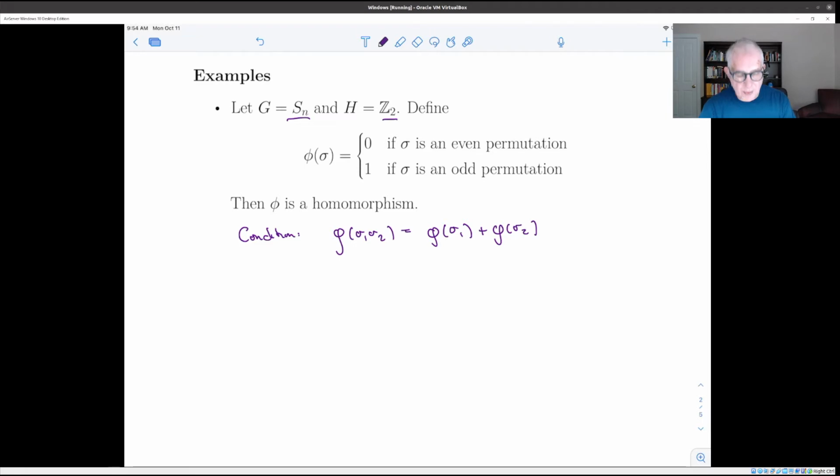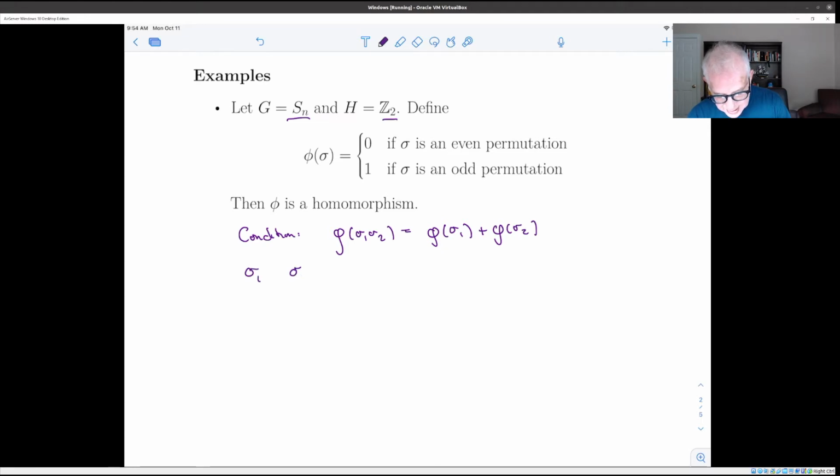And so our homomorphism equation looks like this. So is this true? Well, there are really four cases, because phi only depends on whether the permutation in question is even or odd, and similarly here and here. And so there are four possibilities.